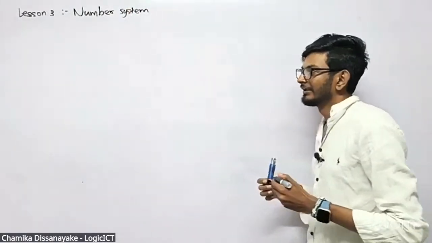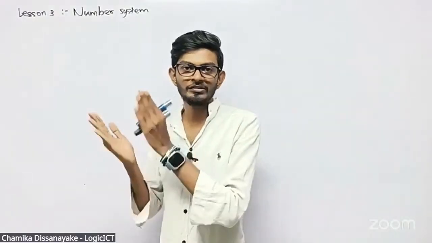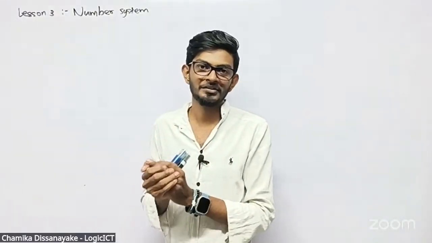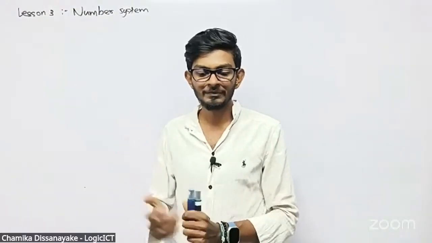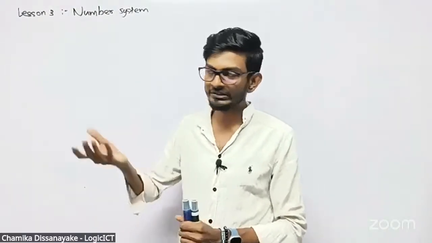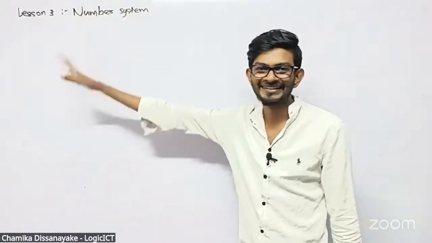There are two parts in this lesson: number system and coding system. That's why the lesson topic is data representation in the computer. First of all, we are going to learn about the number system. That's why I just put number system.